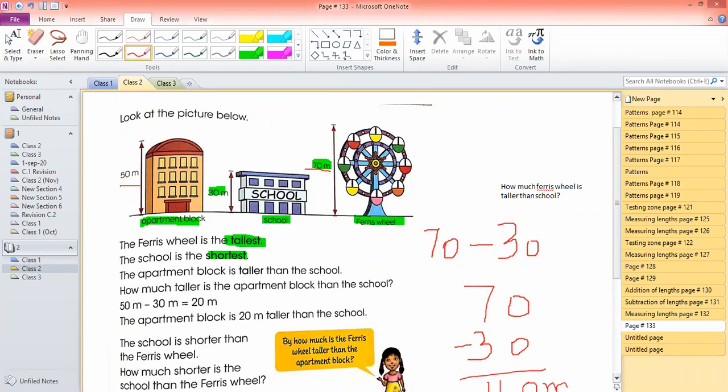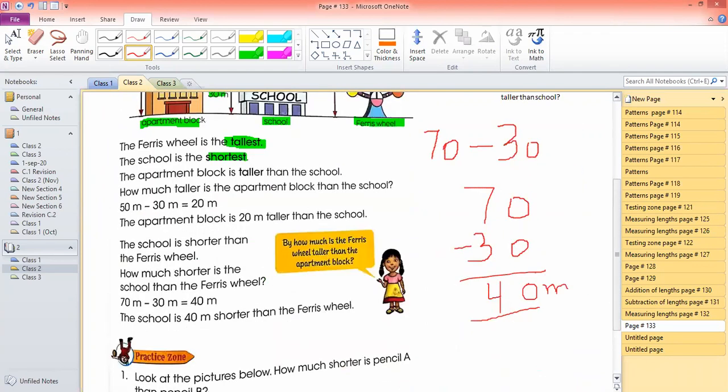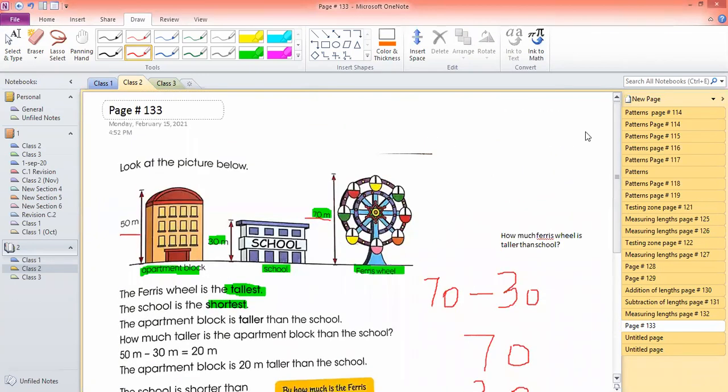To find out how much more the Ferris wheel height is, you will do subtraction. 70 minus 30, 0 minus 0, 0, 7 minus 3, 4. So that is 40 meters. Is it clear to you? Very good.